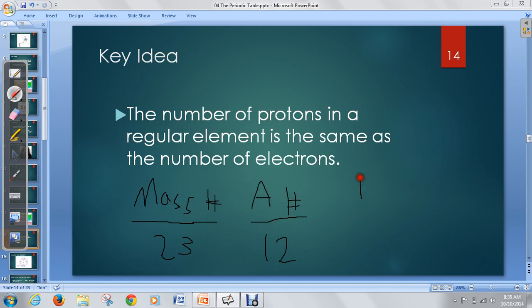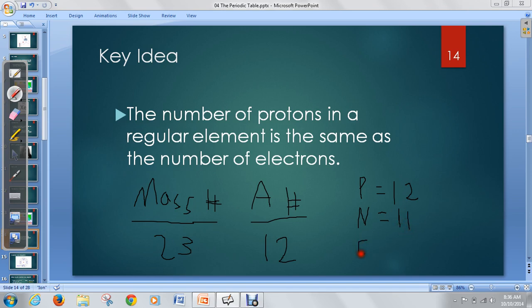Okay, we can find the number of protons pretty simply, right? Because it's just the atomic number, 12. We can find the number of neutrons by subtracting the atomic number from the mass number. So 23 minus 12, that's going to give us 11. Okay.